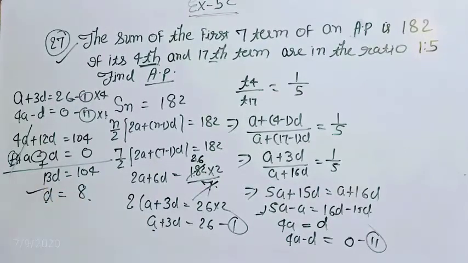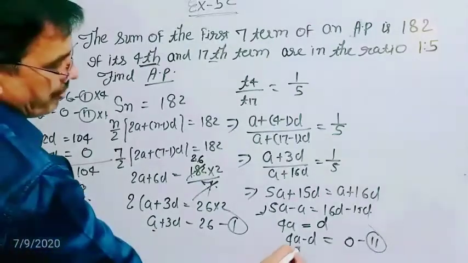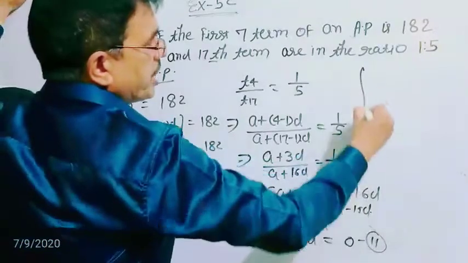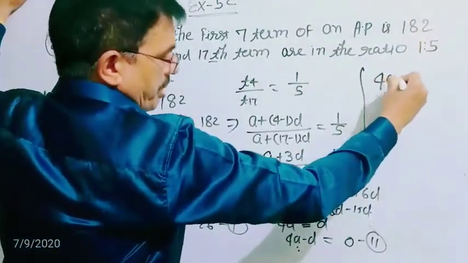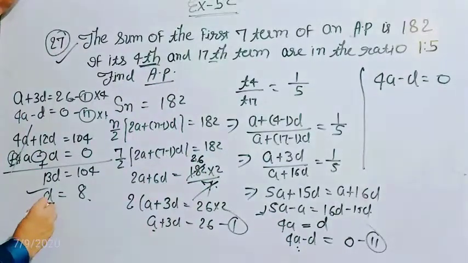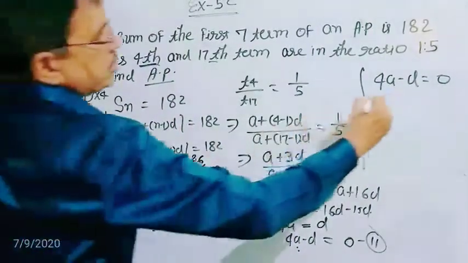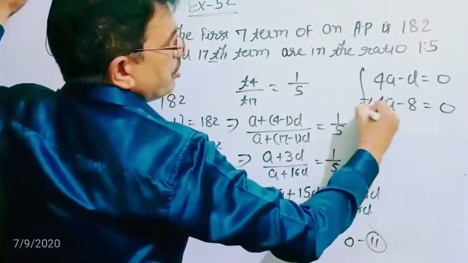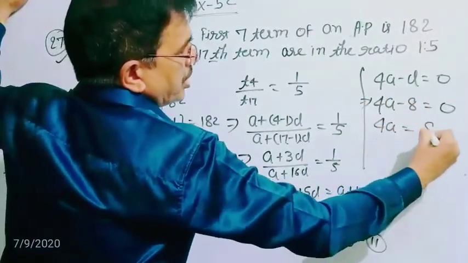If D is 8, then you can substitute the value and find the value of A. Your equation is 4A minus D is equal to 0, and D is 8. So you write here 4A minus 8 is 0. Then 4A is equal to 8.